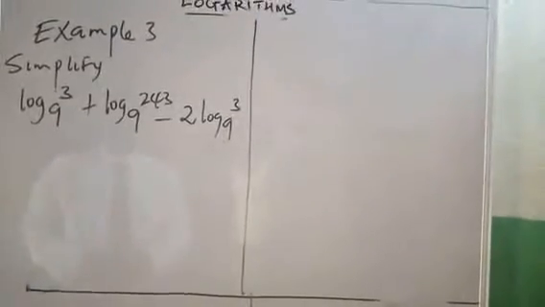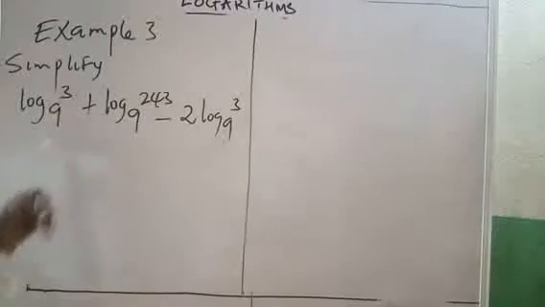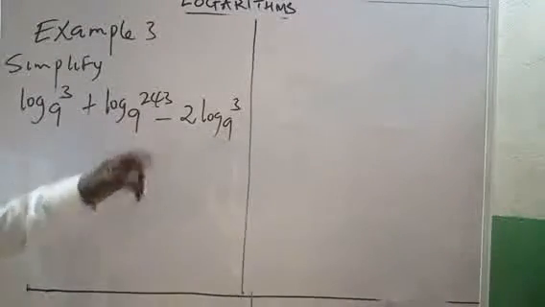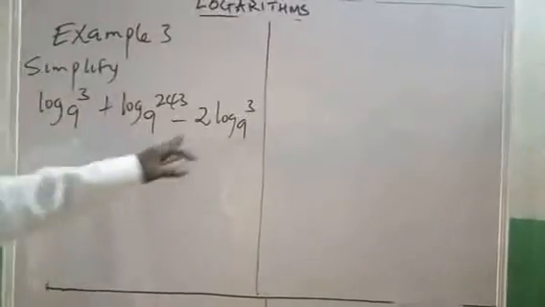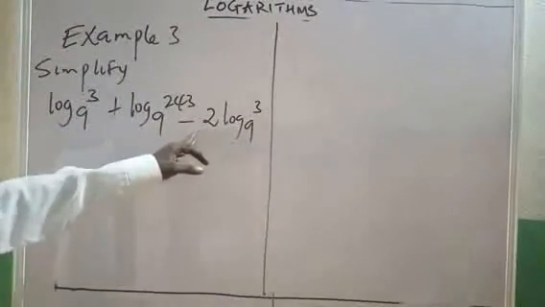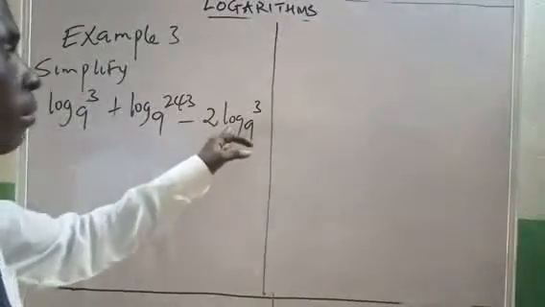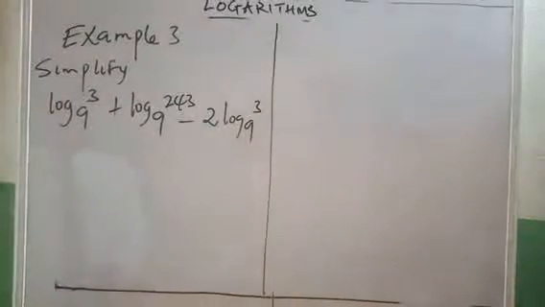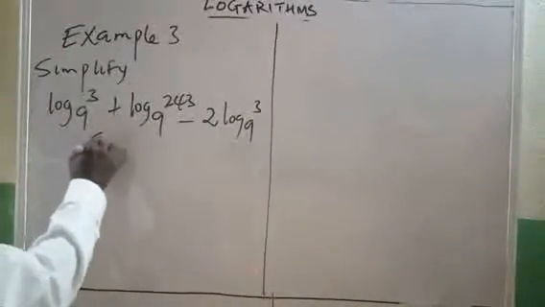Example 3. We are asked to simplify log 3 to base 9 plus log 243 to base 9 minus 2 log 3 to base 9. So let me first of all simplify this. Solution.